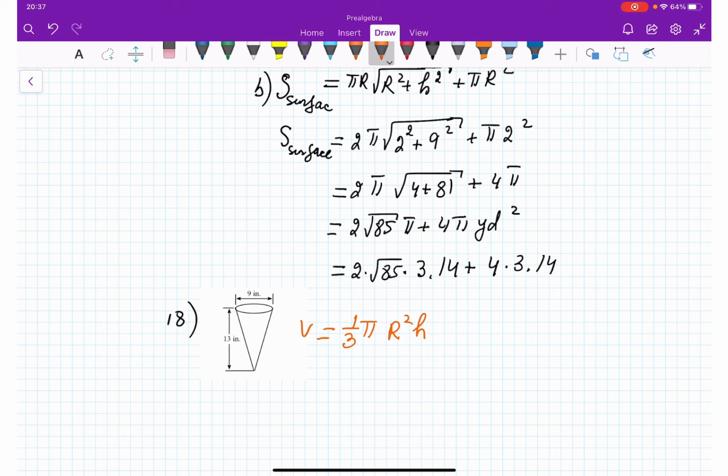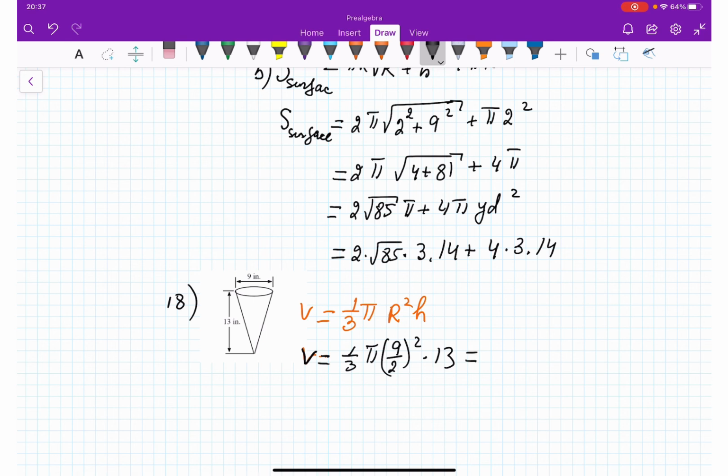So volume is equal to 1/3 pi r squared. It's going to be 9/2 squared, because 9 is the diameter, and times the height, which is 13. So this is equal to 1/3, 9 squared is 81, 2 squared is 4, and times 13.